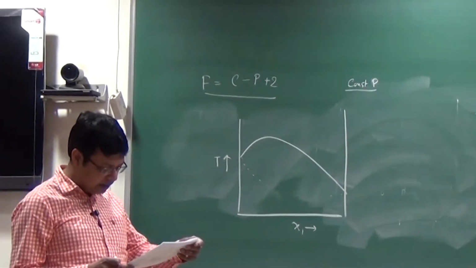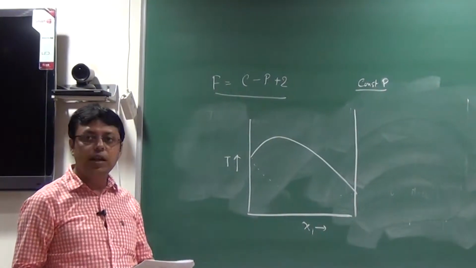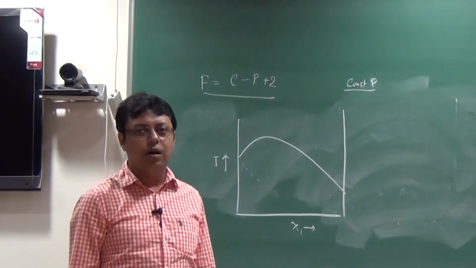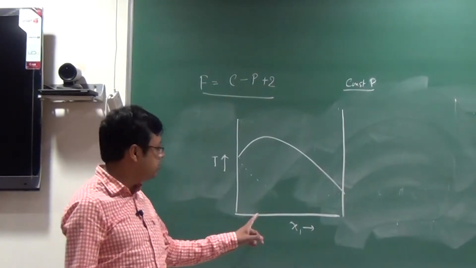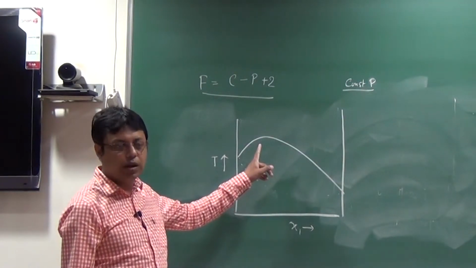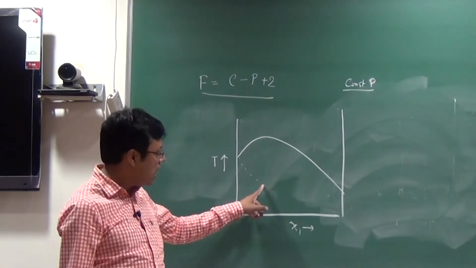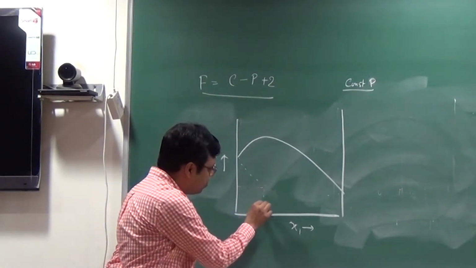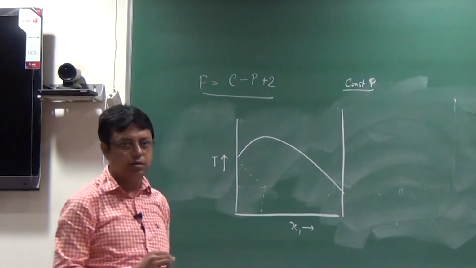If there is an attractive interaction, what should happen? Suppose at this composition I am increasing the temperature. If it is ideal, when this temperature is reached, it should boil, right?